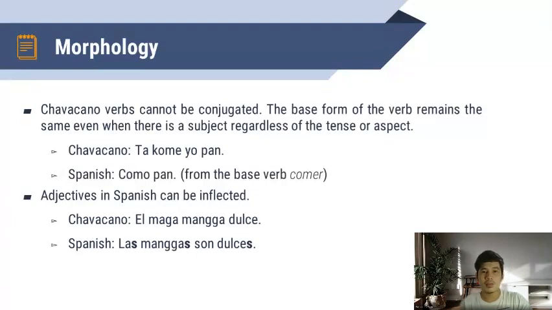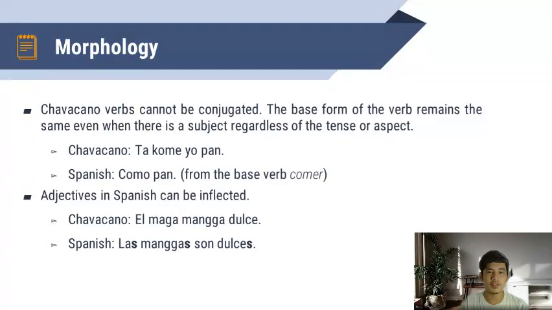So the base form of the verb here is comer, but when there's already a subject, its structure changes. So the verb and the subject conjugate, meaning they are joined together and form another word, another word formation process.